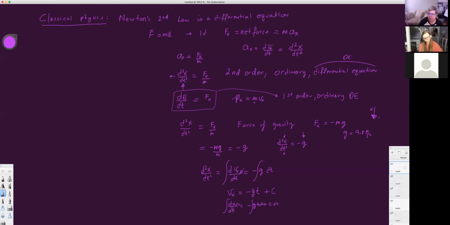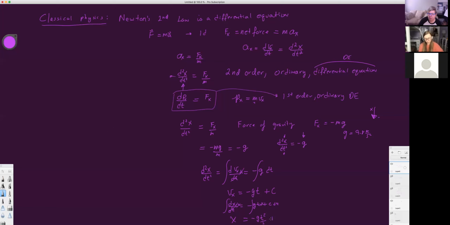On this side, again, we cancel out those dt's and we get x, position, is equal to, this one here gives me minus gt squared over 2, because the integral of t dt is t squared over 2.